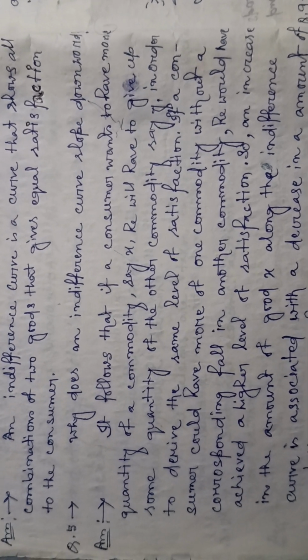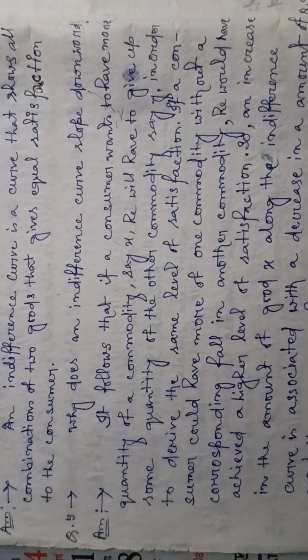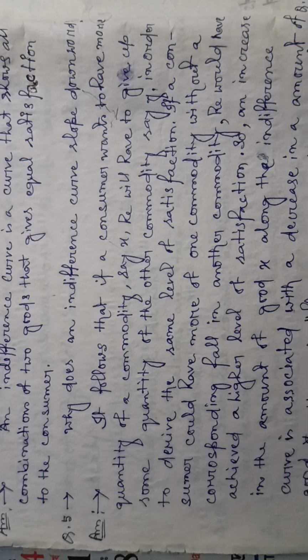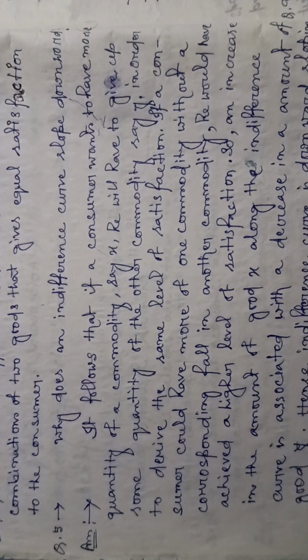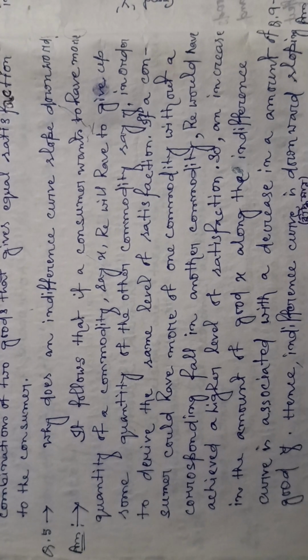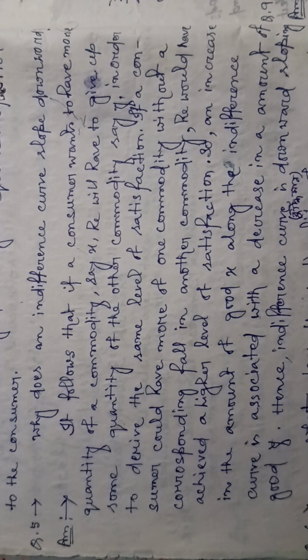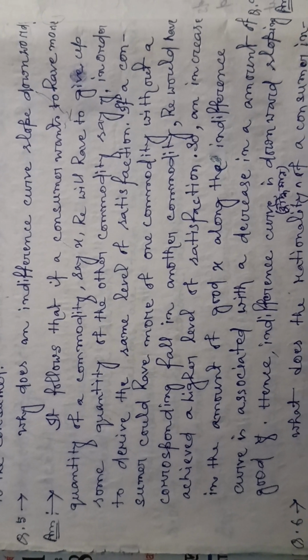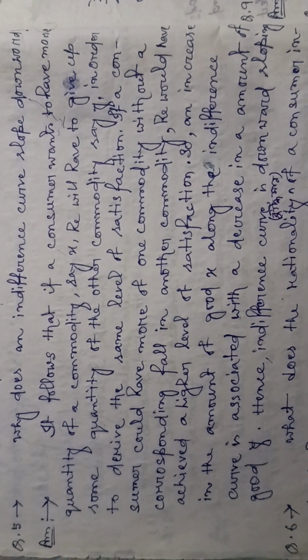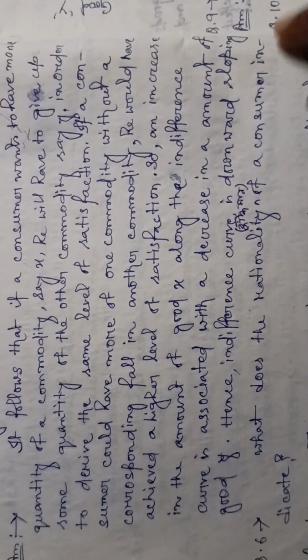If a consumer could have more of one commodity without a corresponding fall in another commodity, he would have achieved a higher level of satisfaction. So, an increase in the amount of good X along the indifference curve is associated with a decrease in the amount of good Y. Hence, the indifference curve is downward sloping.